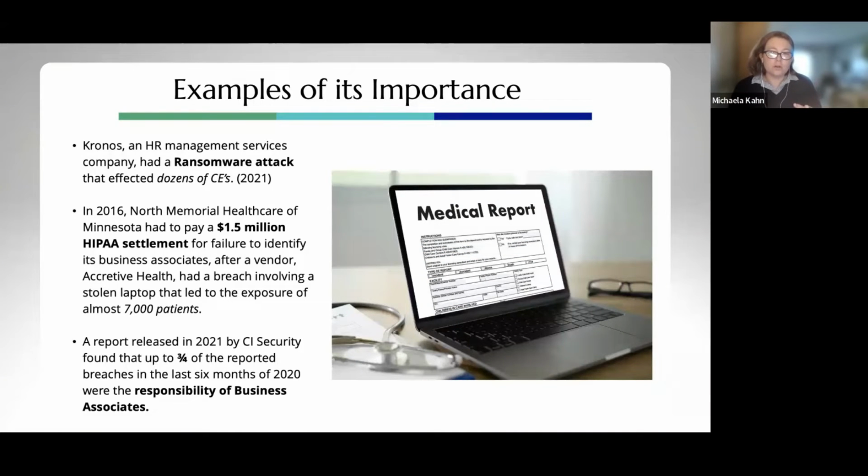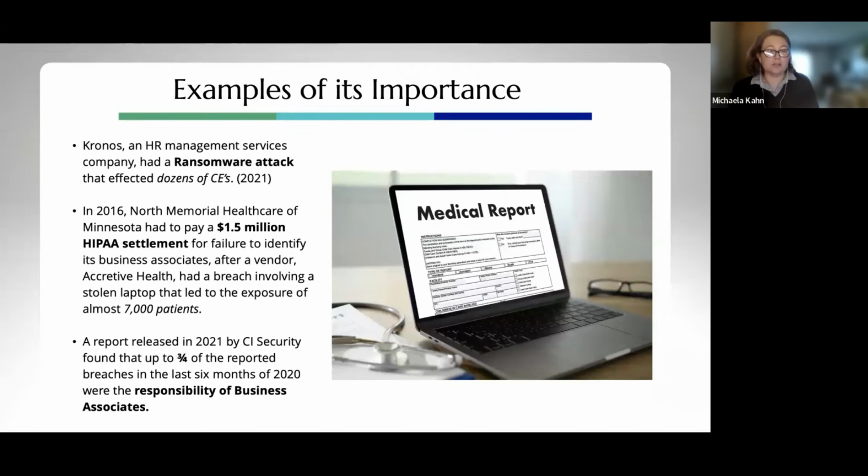Two more items I wanted to note. The first is North Memorial Healthcare of Minnesota, which had to pay a $1.5 million HIPAA settlement, a fine, basically for failure to identify their business associate. The vendor, Accretive Health, had the breach. North Memorial Healthcare of Minnesota didn't have the breach at all.